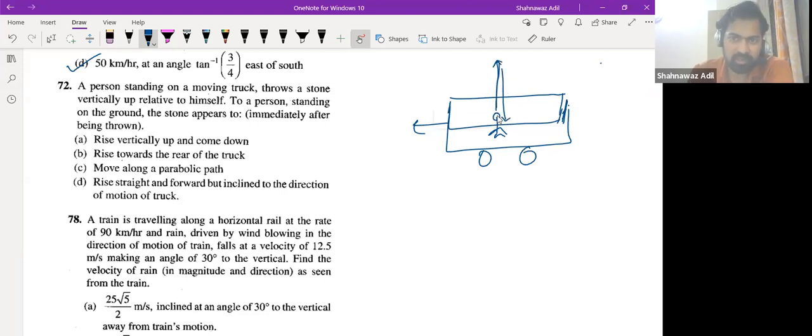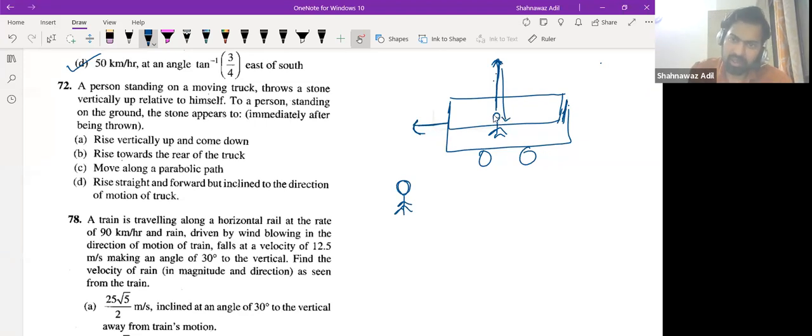But for a person outside of the truck, we will see that the truck is moving and the stone is moving in this direction. So we have two velocities, right?